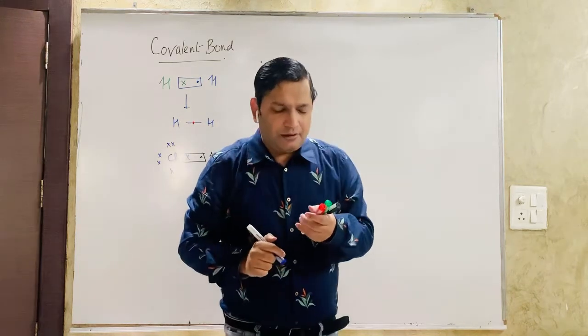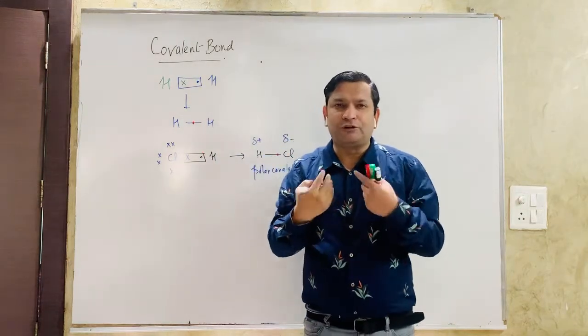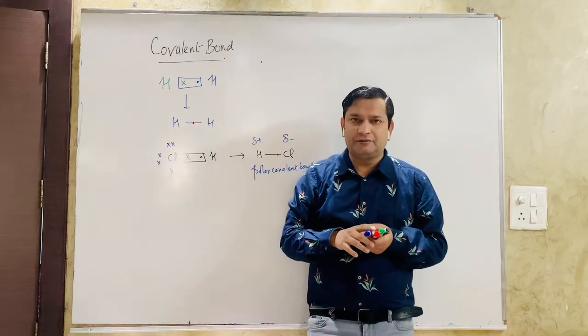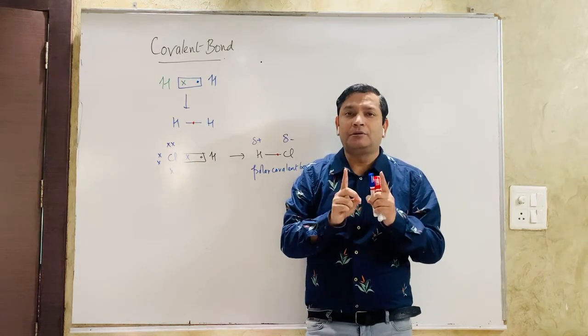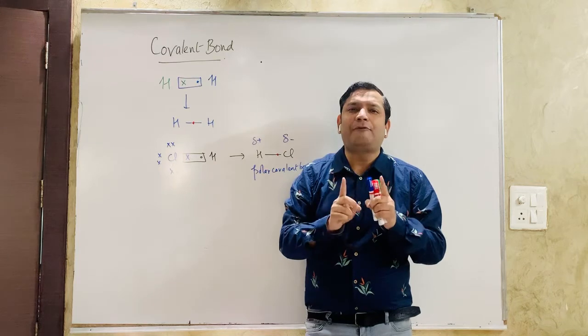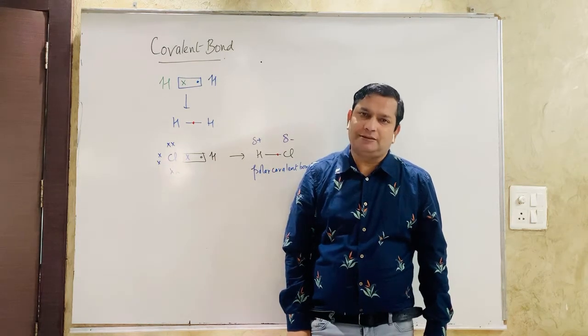Now, if I want to define a covalent bond in a better way, trust me, a covalent bond is a bond which is formed by the overlap of orbitals. By the overlap of what? Orbitals.